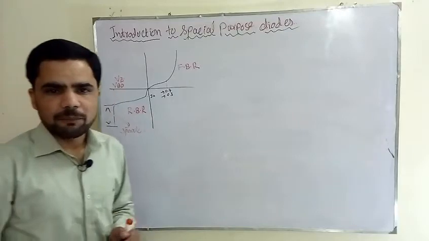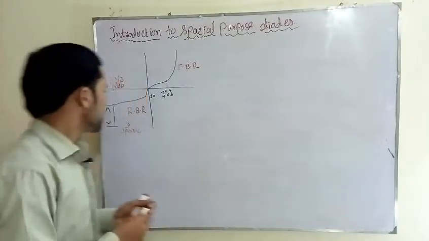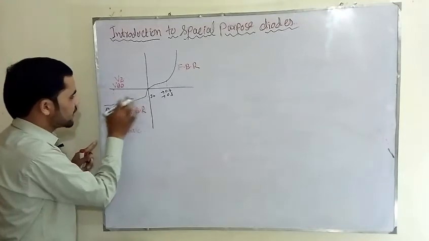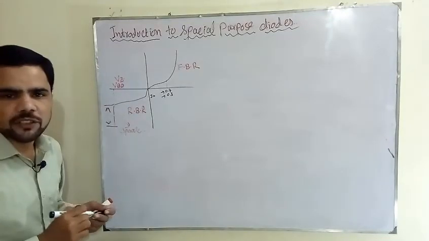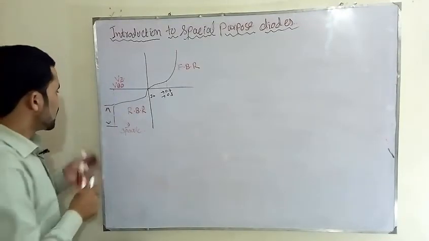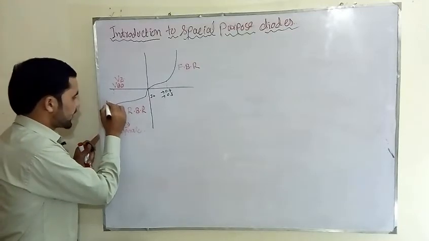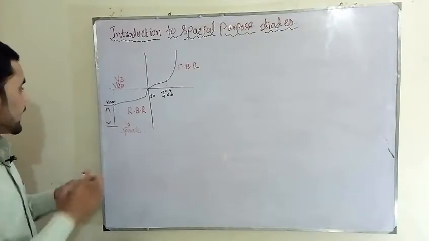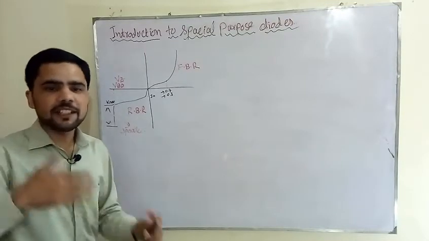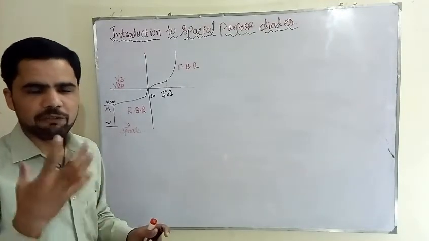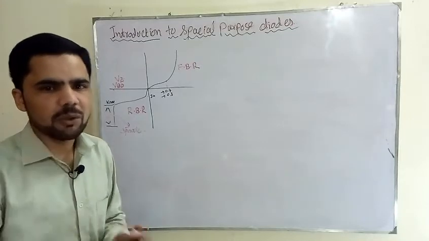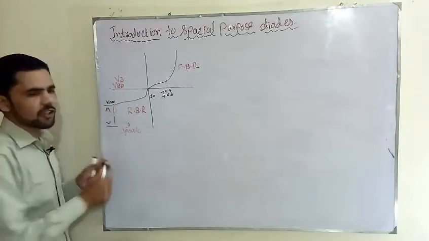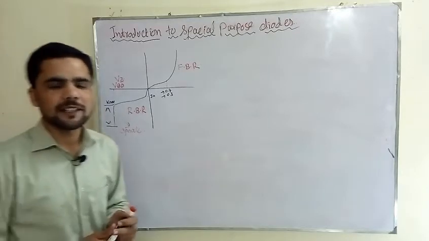From this diagram you see this point is I out, and from here to here the current is constant. After this knee point, the current changes drastically but the voltage remains constant. So after this point, the operation of this diode starts.